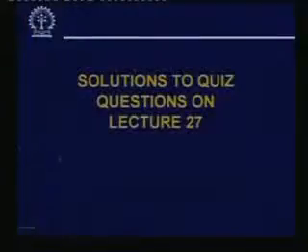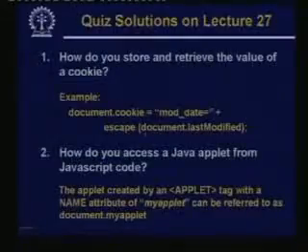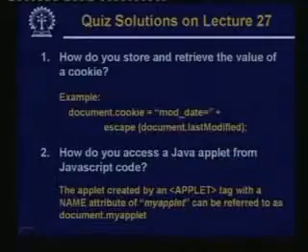Before that, let us look very quickly at the solutions to some of the questions we had raised for the previous lecture. The first question was, how do you store and retrieve the value of a cookie? So, the example we had given, we can assign some string to a document.cookie attribute, and the value assigned should be of this form, cookie name equal to the cookie value.